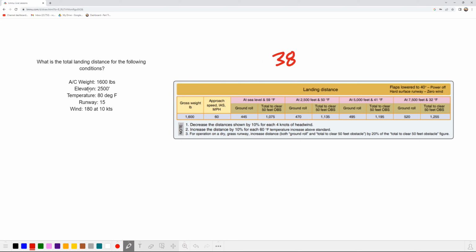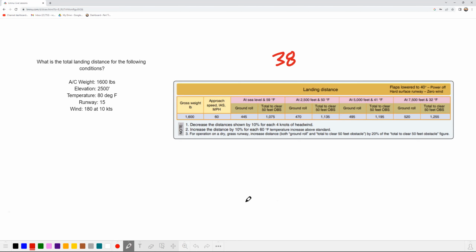It could give you any sort of different numbers, but in this case, it'll give you aircraft landing weight, elevation, temperature, runway, and wind.